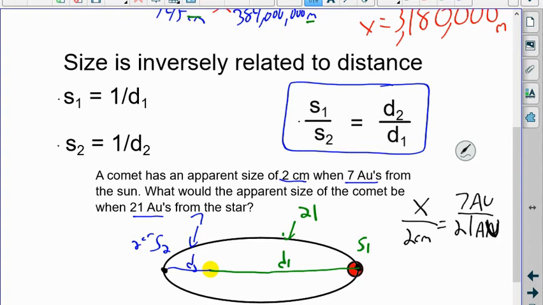Then I'm going to cross multiply, and I'm going to get 21x is equal to 14. Divide both sides by 21, and I'll get x equals 0.67 centimeters. And 0.67 centimeters is less than 2 centimeters. Okay. Good on that? All right.